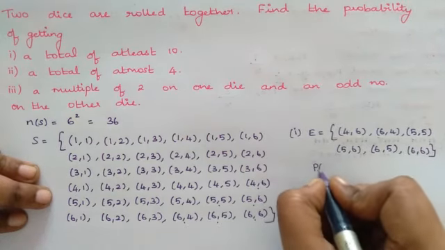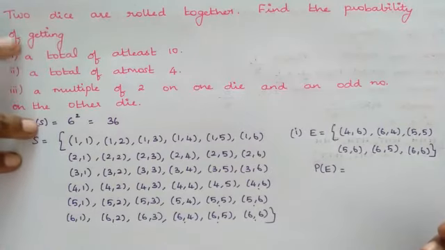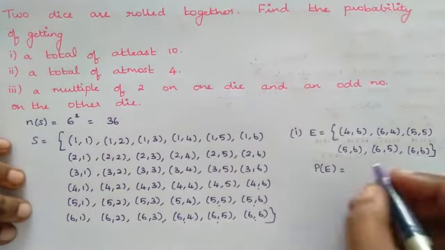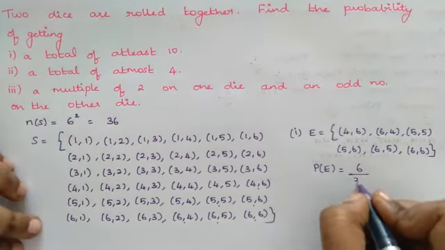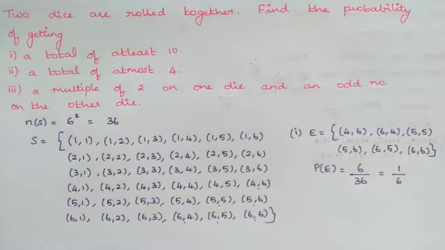So the probability of the event of getting a total of at least 10: number of favorable outcomes 6 by total number of outcomes 36, that is 6 times 6, 36. That's it.